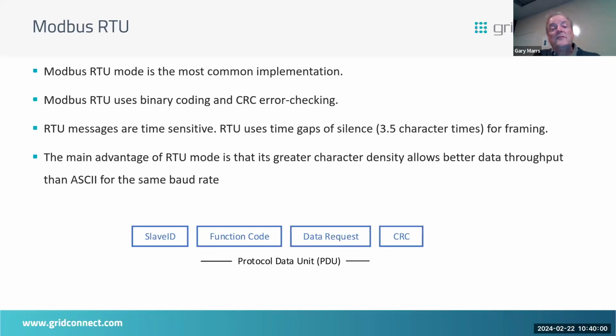The RTU messages, however, are time sensitive. They're kind of like streamed on the serial line, and it watches for time gaps to determine the framing of the message. So if it sees a 3.5 character space time between characters, it assumes that the old message has ended and this is a new message.